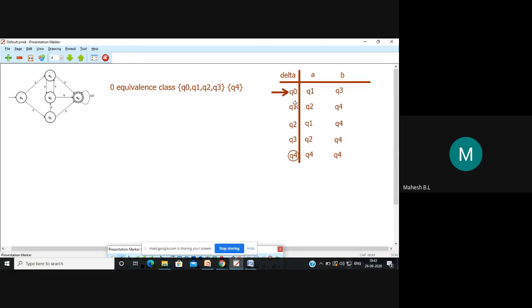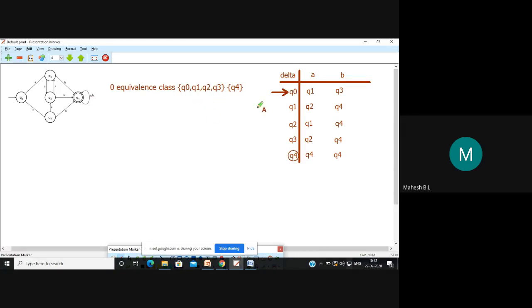So consider Q1, Q2, Q3 transitions. On A, they go to Q2, Q1, Q2, all in this class. Then on B, Q4, Q4, Q4, which is in another class. That means Q1, Q2, Q3 are not distinguishable right now. Q0 is different because on both A and B it makes a transition to the same class.